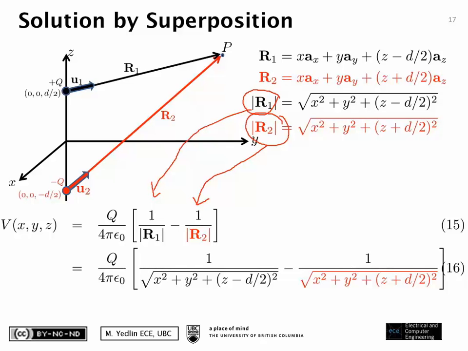And we can see here something very simple. We have the difference between these two Pythagorean distances with the distance from the negative charge to the observation point highlighted in red. And now we're going to do something similar to what we did before in the dipole calculation when we computed the electric field.